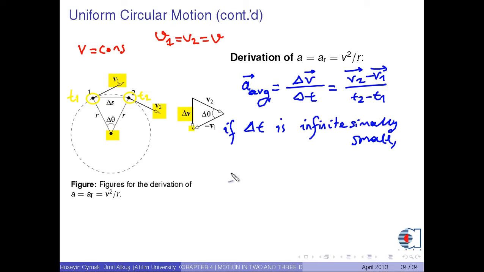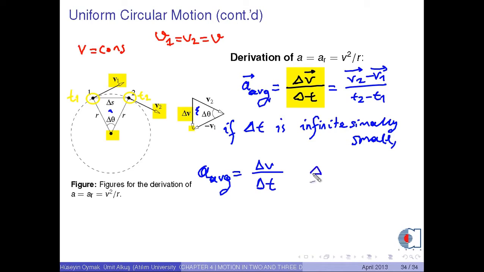To determine the magnitude of vector a_avg when Δt goes to 0, we write the magnitude of the first part of the preceding equation as a_avg = Δv / Δt. This figure shows two congruent, or similar, triangles: one on the left with sides Δs and r, and one on the right with sides Δv and v.